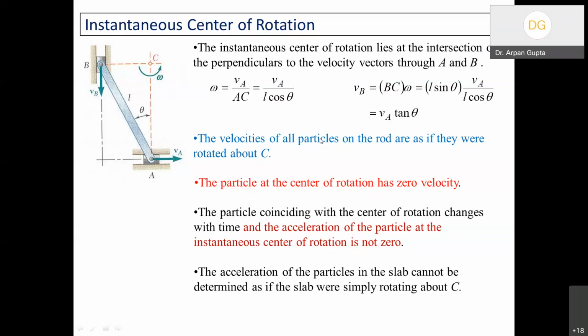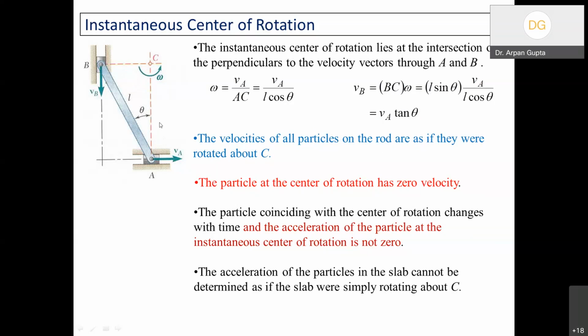So the velocities of all the particles on the whole rod are as if they were rotated about point C. The whole system is moving as if it is in pure rotation about point C, but this is only at this instant. At the next instant, you can visualize that things are going to change.